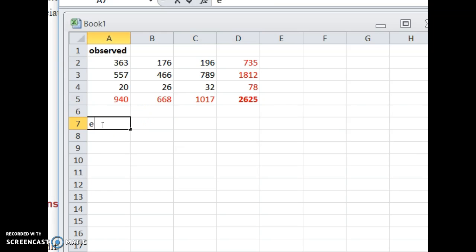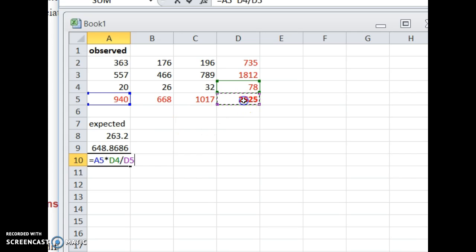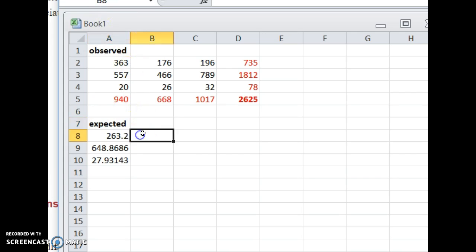Okay, so expected would equal column sum times row sum divided by overall total. Oops, not that value, this value: column sum times row sum divided by overall total. Just making that bold.